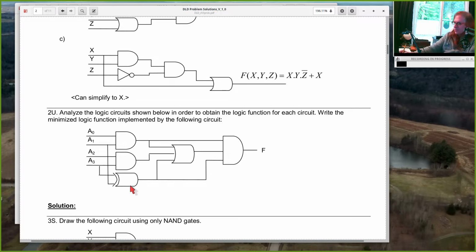And so that's an XOR, and it looks like that. And remember, we also did the XNOR, which is the complement of the XOR. And so it just looks like that.